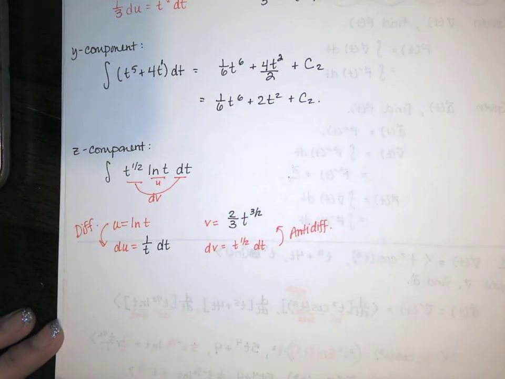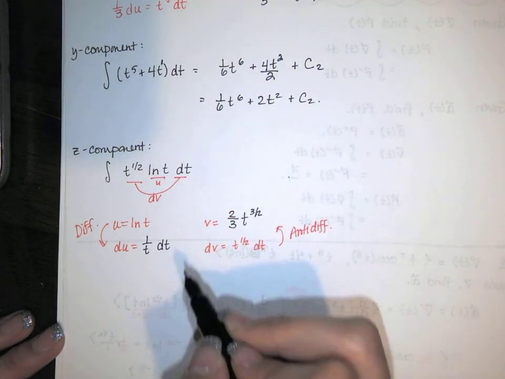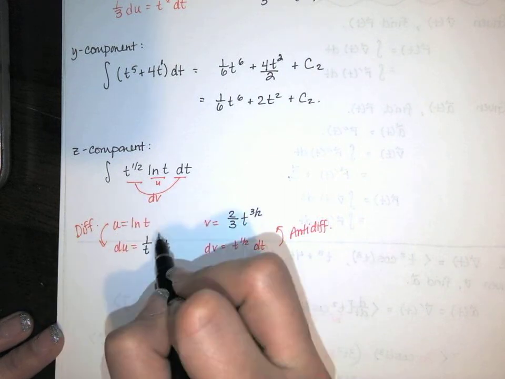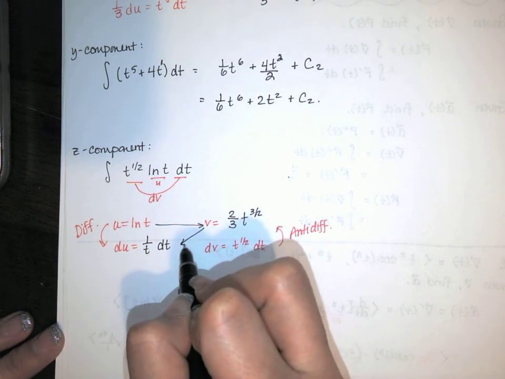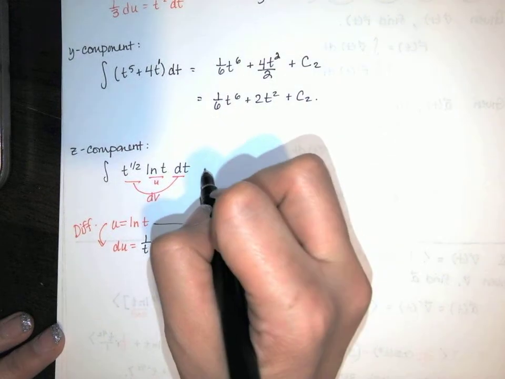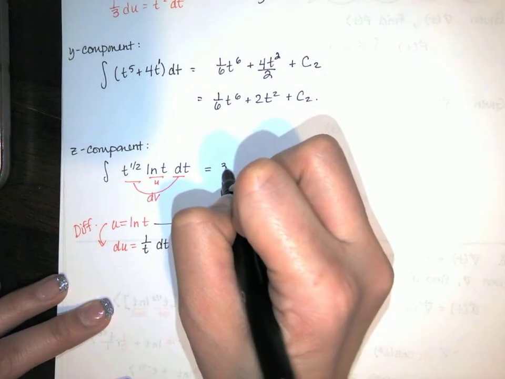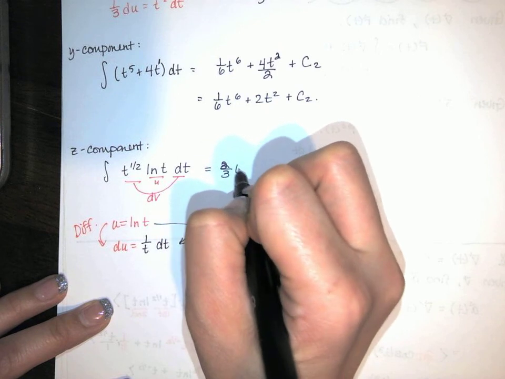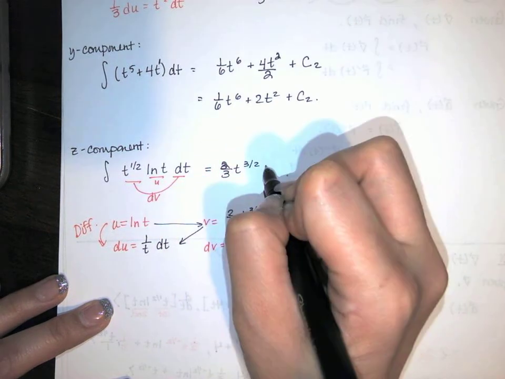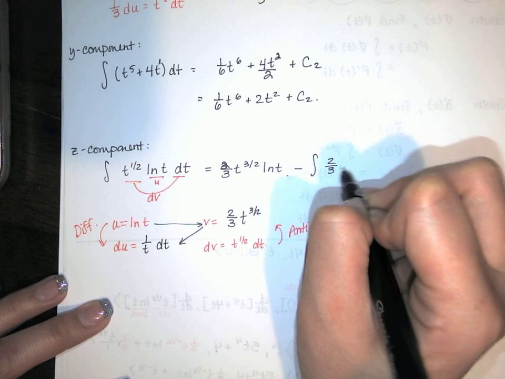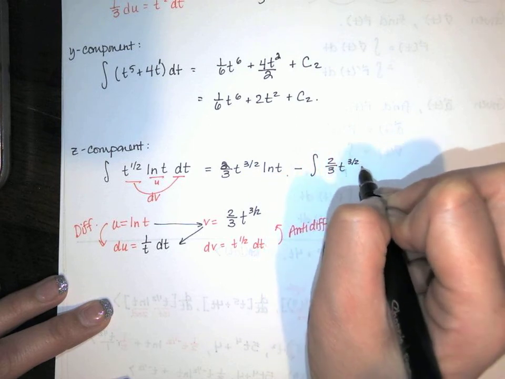We don't need a constant of integration when we're doing integration by parts. Then according to the formula, the integral of u dv is u times v minus the integral of v du. So we get this times this, minus the integral of v du.